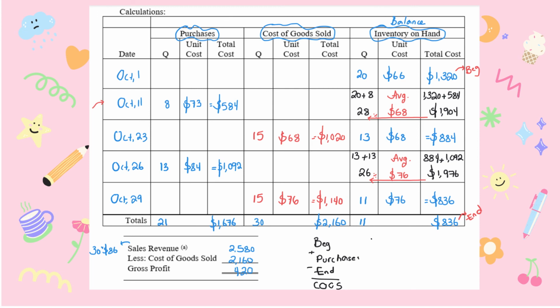So the beginning is 1,320, purchases 1,676, ending is 836. Now let's solve for x. 1320 plus 1676 less 836. Will I get the same answer as the cost of goods sold? Will I get 2160? Yes, we did.